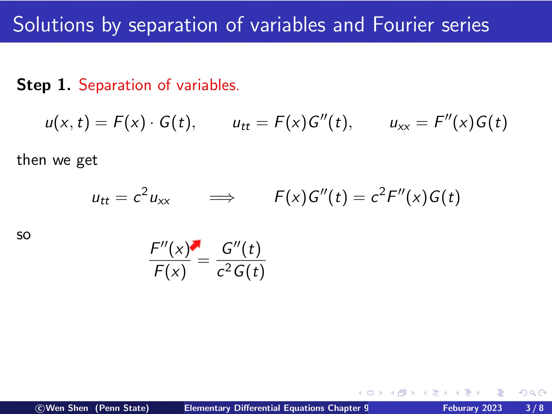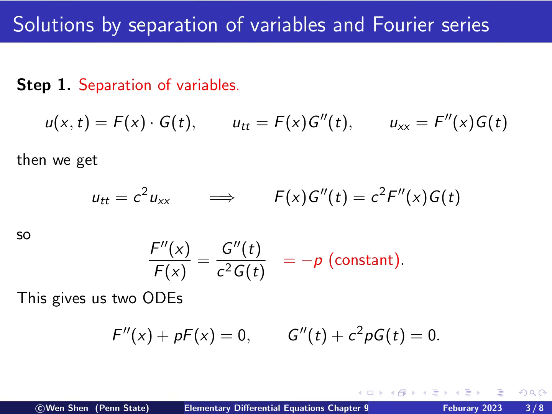This is a function of x, and this is a function of t, and they must equal each other for all x and t, and therefore this must equal a constant. Okay, so let's write this equals negative p, where it's a constant. The reason for the negative is that we know it will eventually lead to positive eigenvalues.